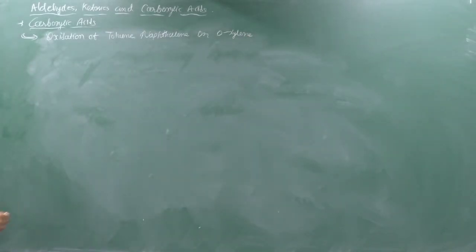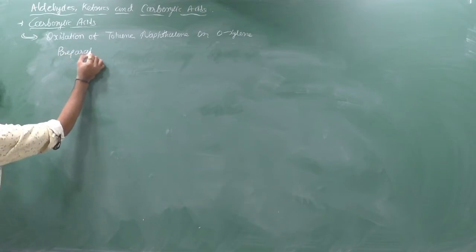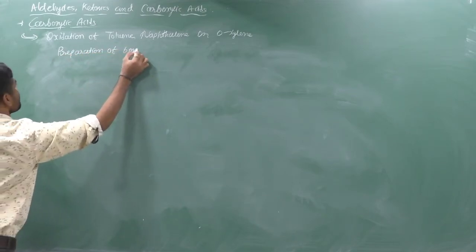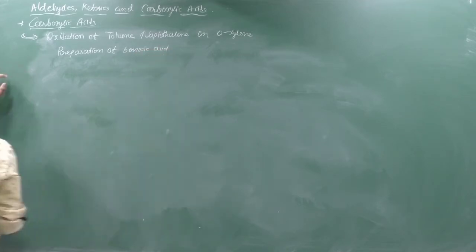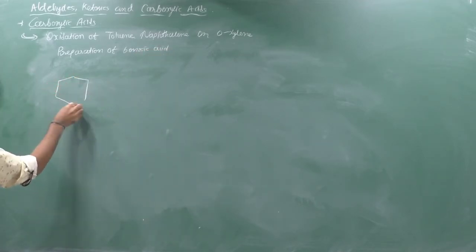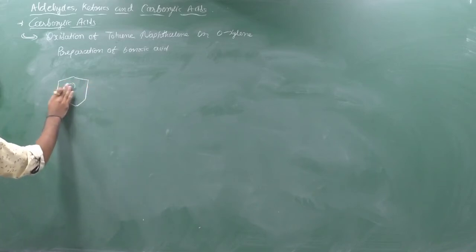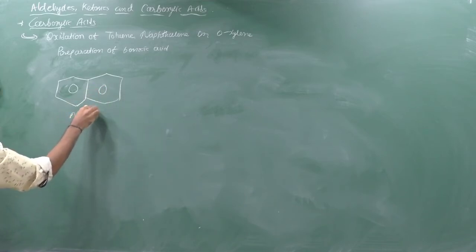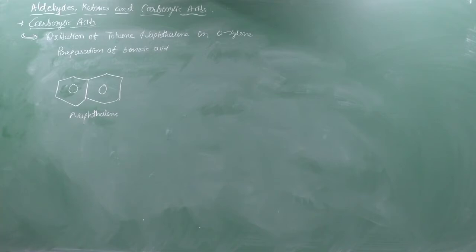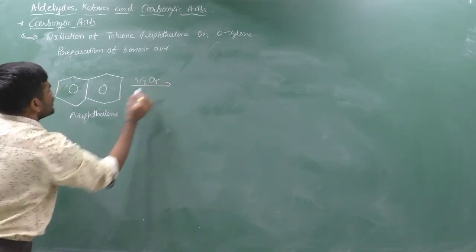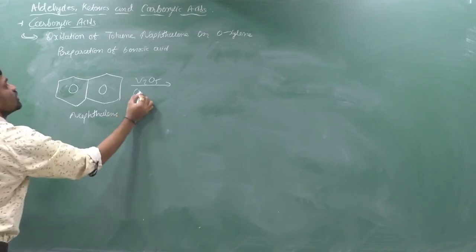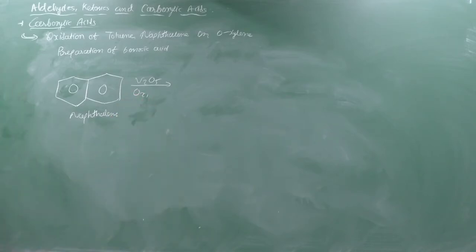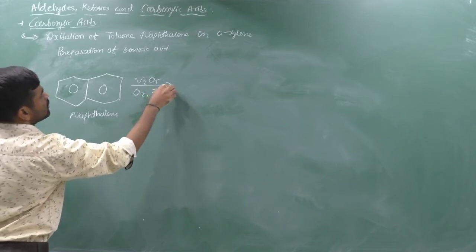Here we can particularly discuss the preparation of benzoic acid. Suppose we have naphthalene, and we heat it in the presence of vanadium pentoxide V2O5 and O2 at 773 Kelvin temperature.